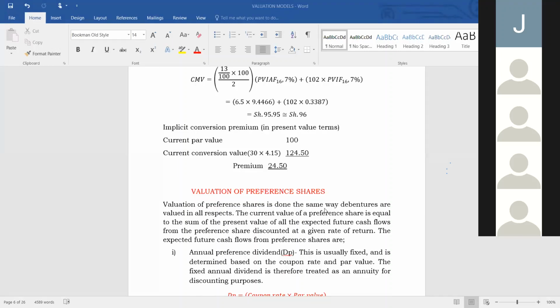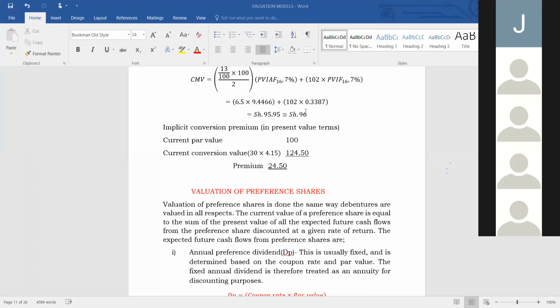One, they're convertible just like debentures. Two, preference shareholders earn a fixed return in the form of preference dividend, just like debenture holders earn a fixed return in the form of interest.